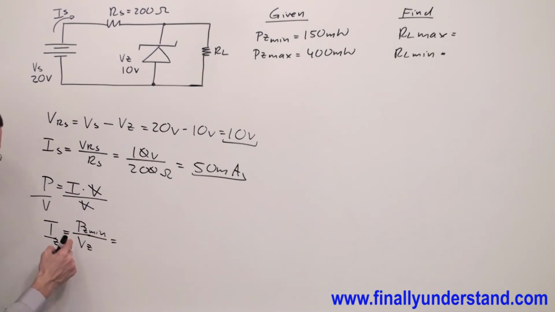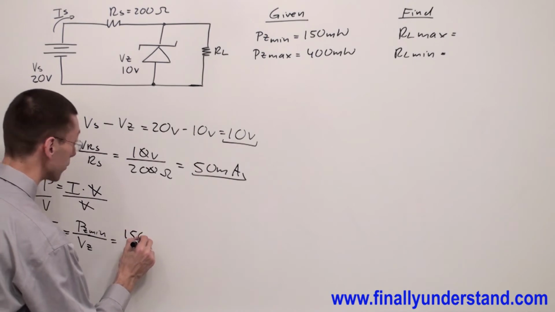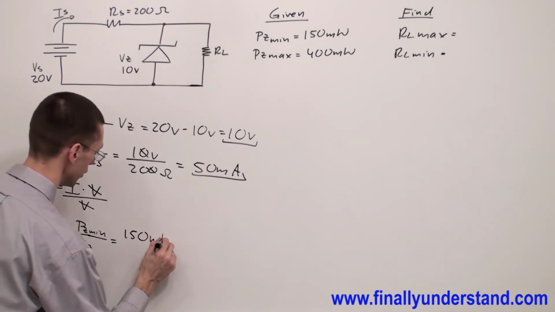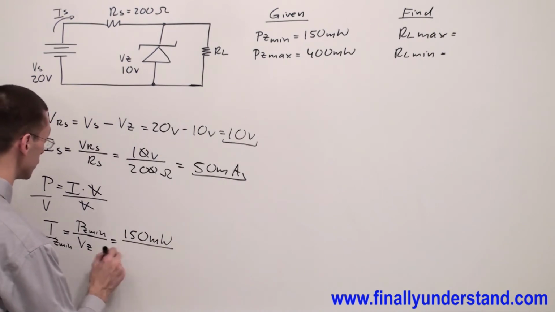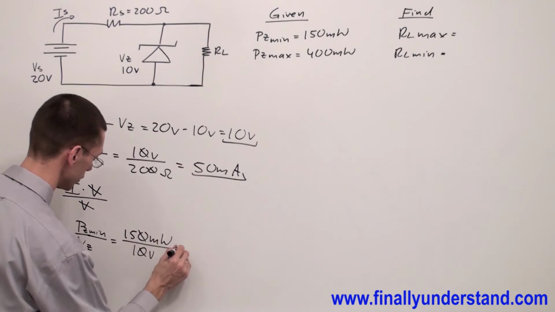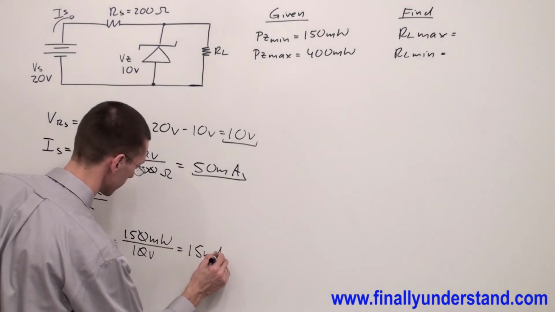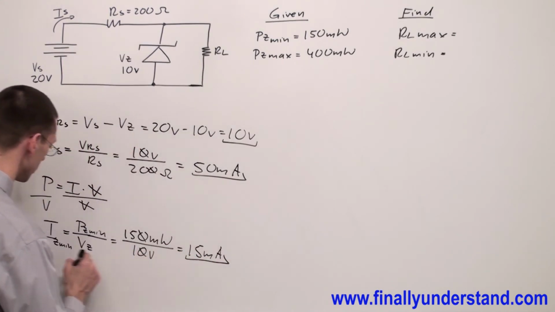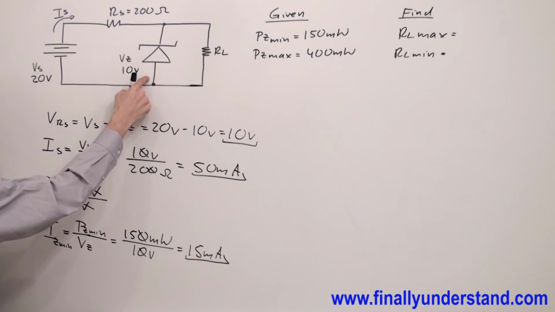PZ minimum is equal to 150 milliwatts over VZ, which is equal to 10 volts. This is equal to 15 milliamps. This is the minimum current which will go through this diode.